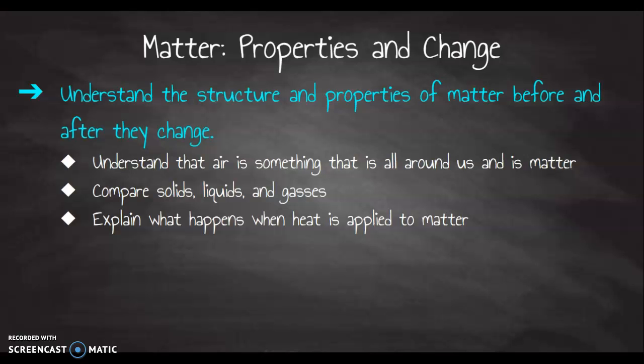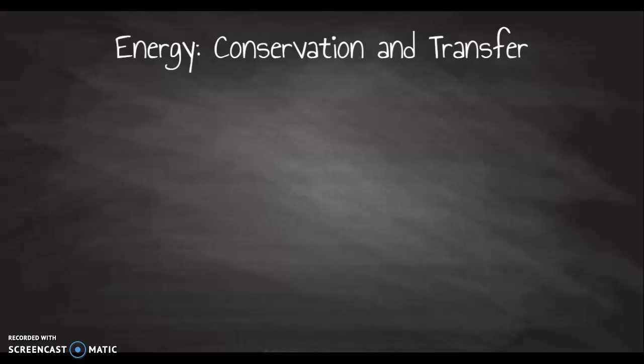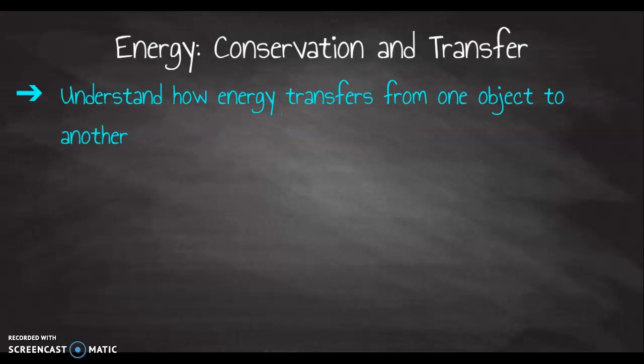And after we finish up with this unit, we will immediately move into energy, conservation, and transfer. In this unit, students will need to understand how energy transfers from one object to another. So that'll be our focus for this second unit for science for the first 9 weeks.